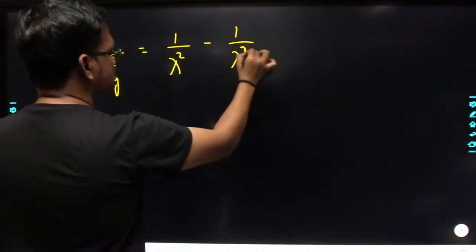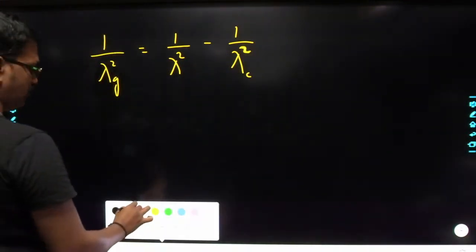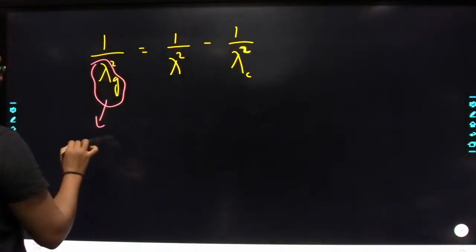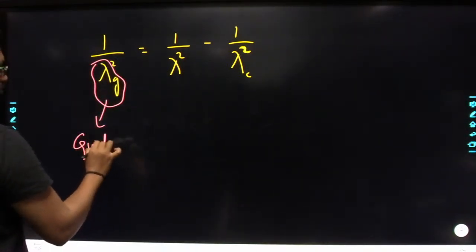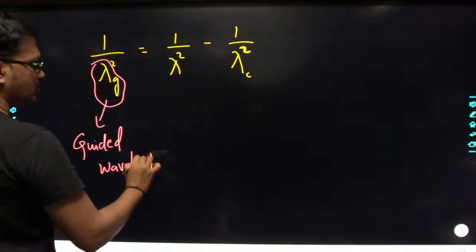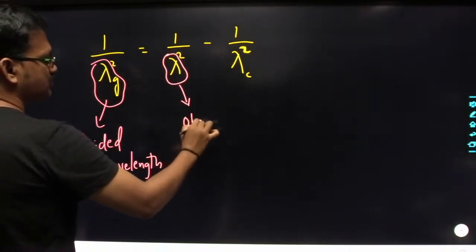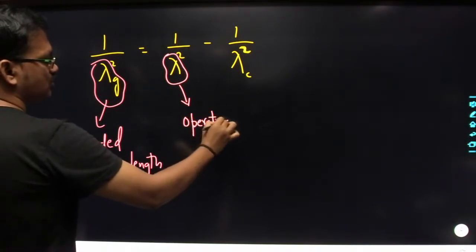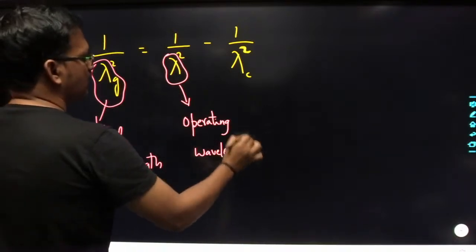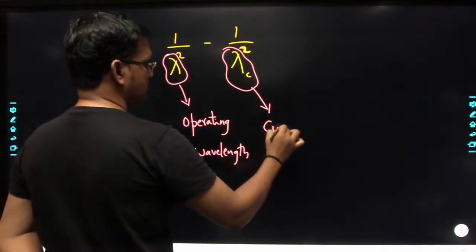This lambda g is called the guided wavelength, this lambda is called the operating wavelength, and this lambda c is called the cutoff wavelength.